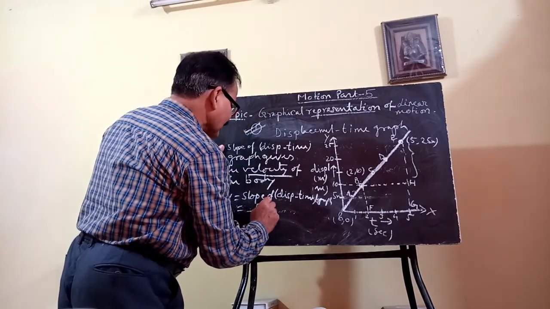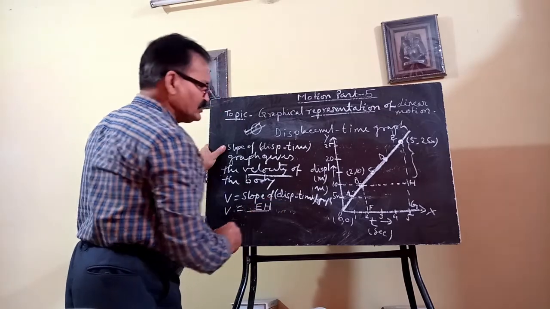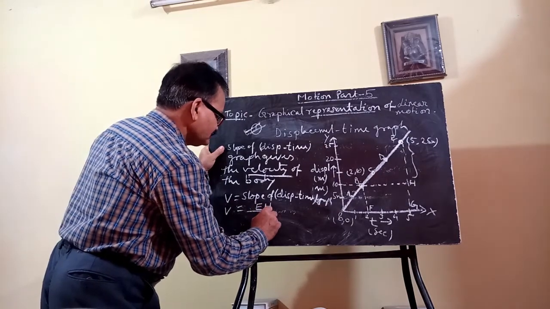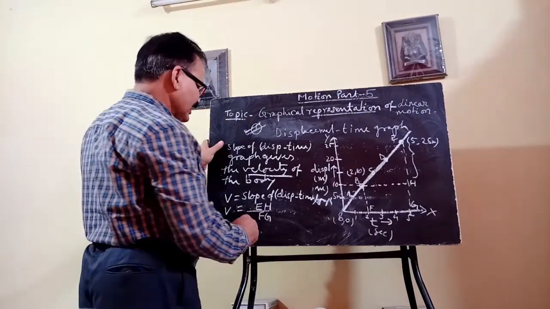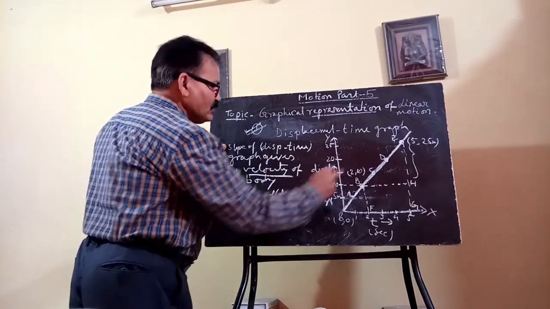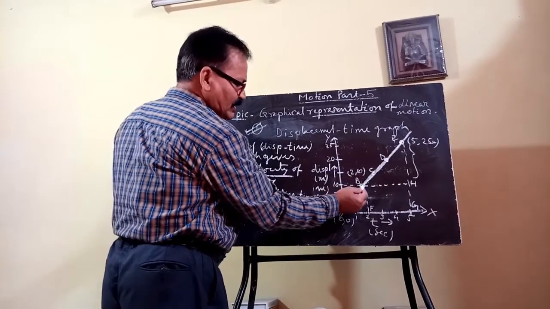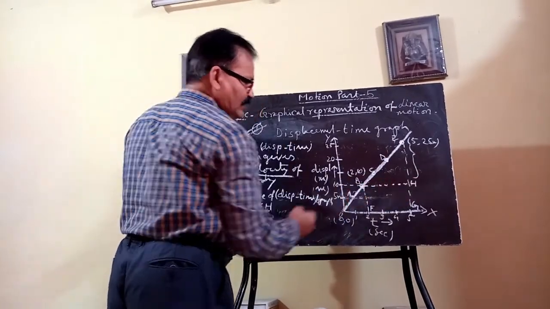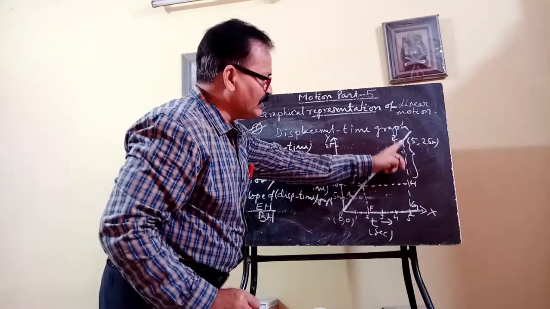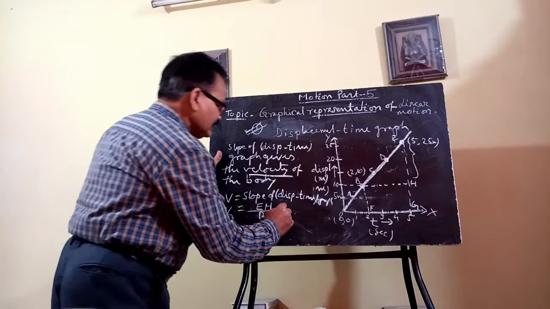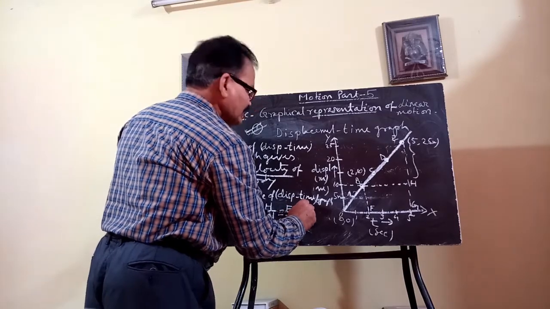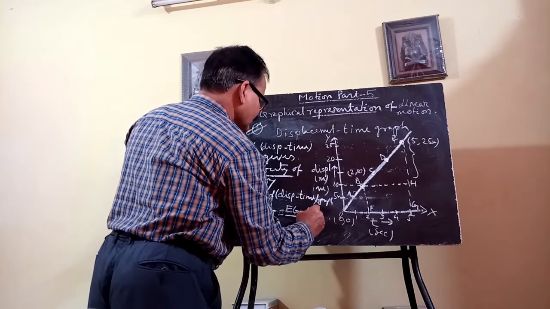EH will be the difference of your vertical column, and the difference of your horizontal column is your FG, or you can say BH, between these 2 points B and E. So EH can be determined by EG minus your GH.